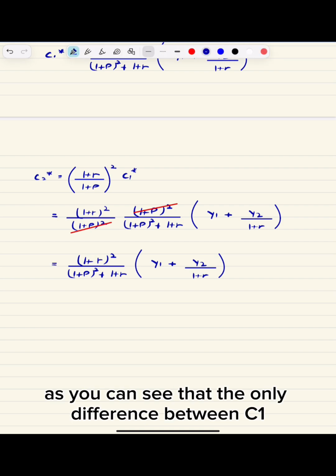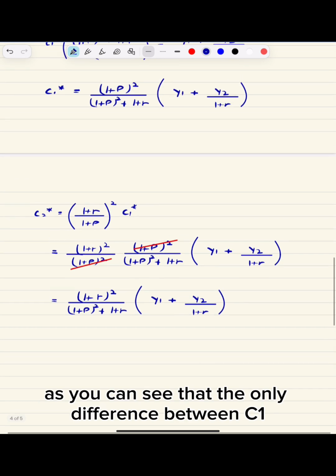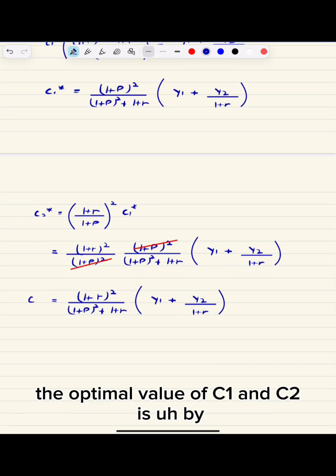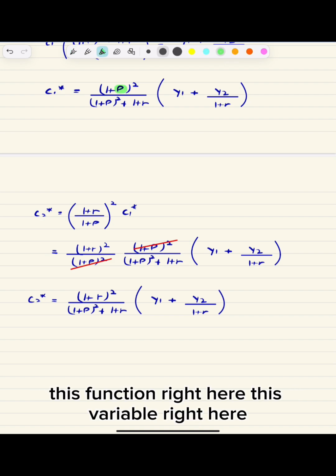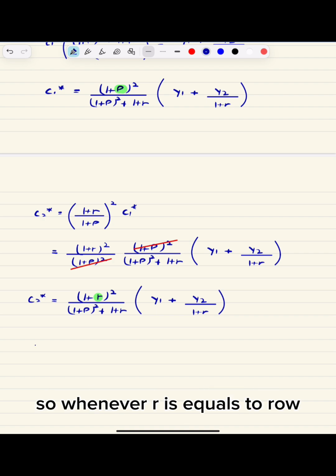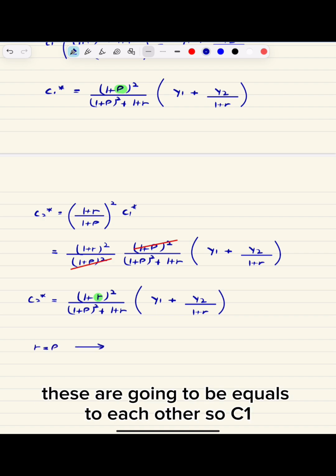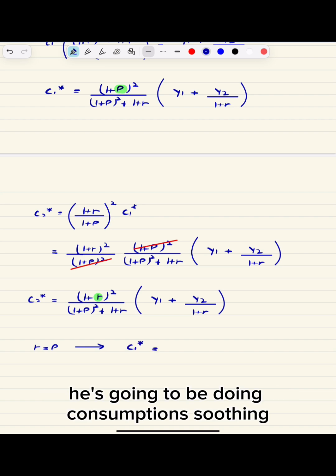As you can see, the only difference between the optimal value of c1 and c2 is this coefficient right here. So whenever r is equal to rho, these are going to be equal to each other, so he's going to be doing consumption smoothing.